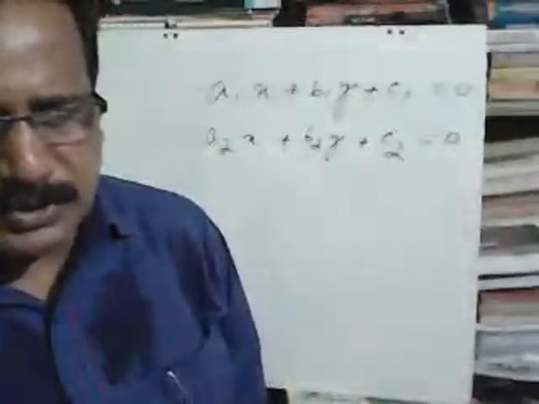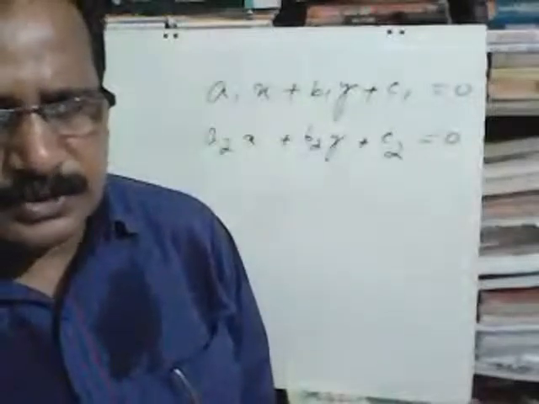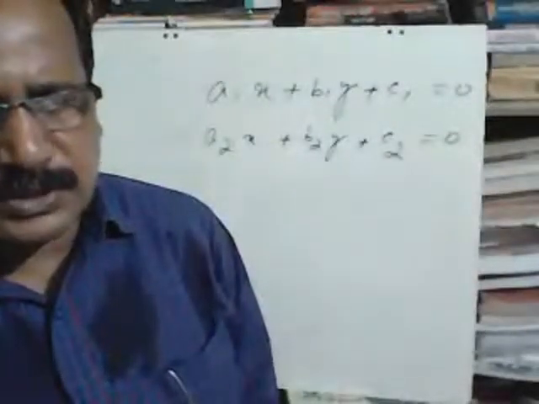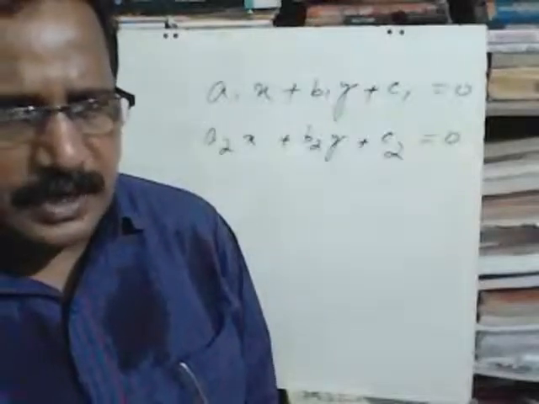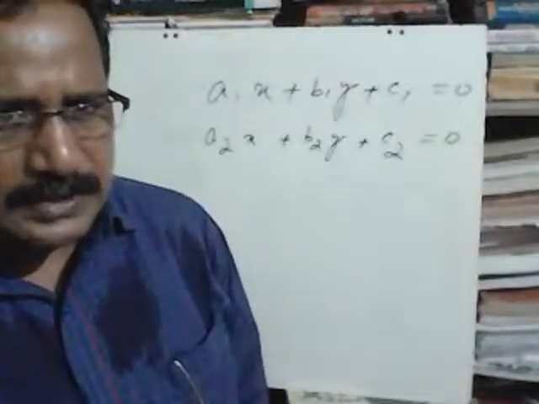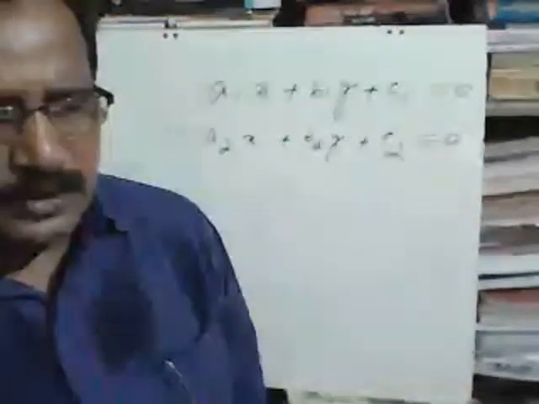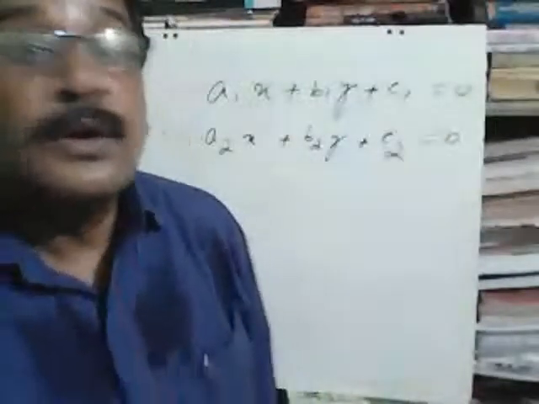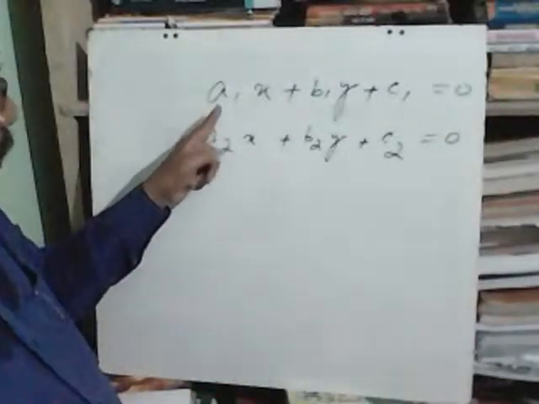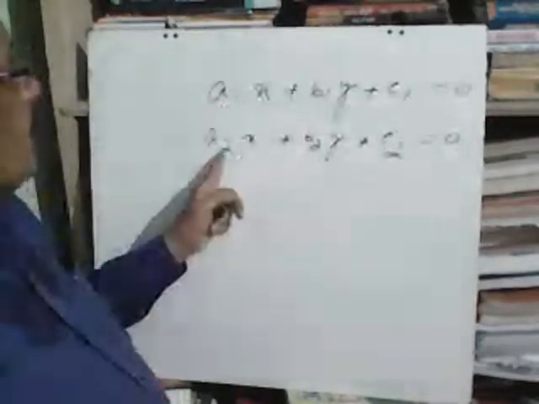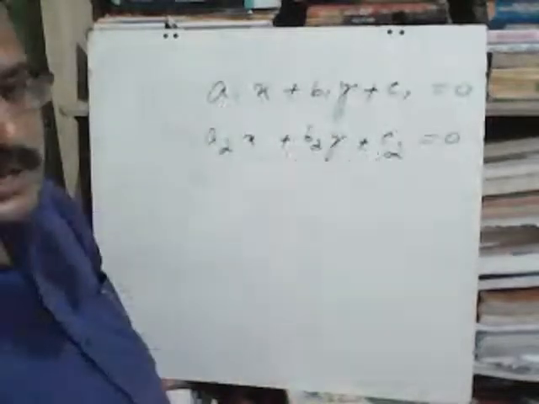Two linear equations are given with the variables: a1x plus b1y plus c1 equal to 0, and the second equation, a2x plus b2y plus c2 equal to 0. Then a1, b1, c1, a2, b2, c2 are real numbers.